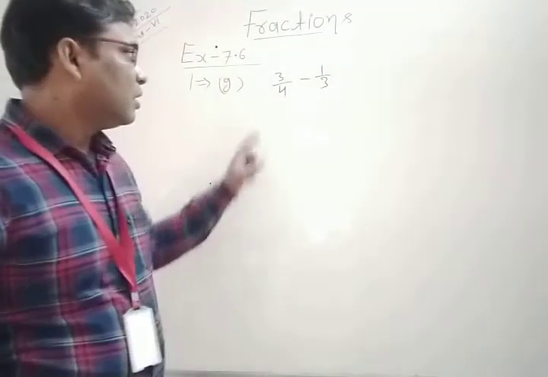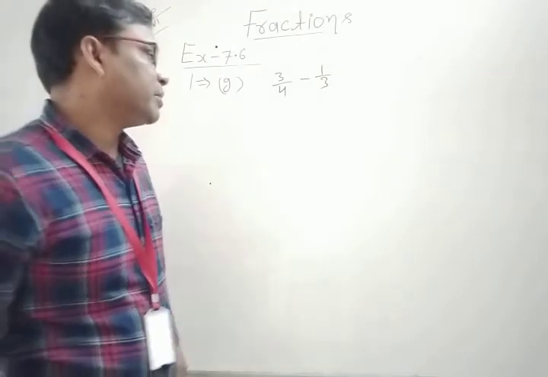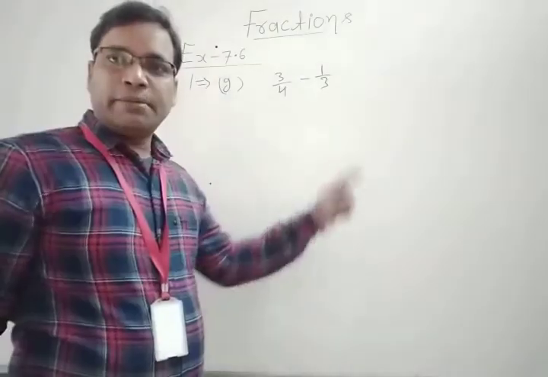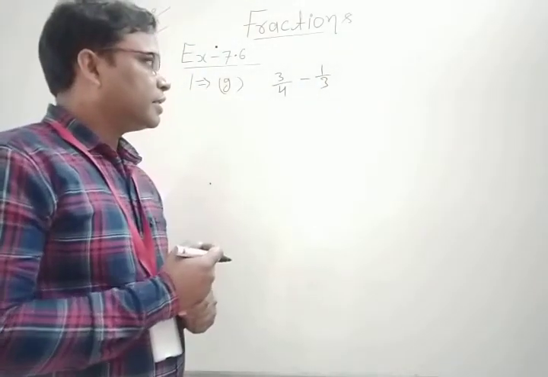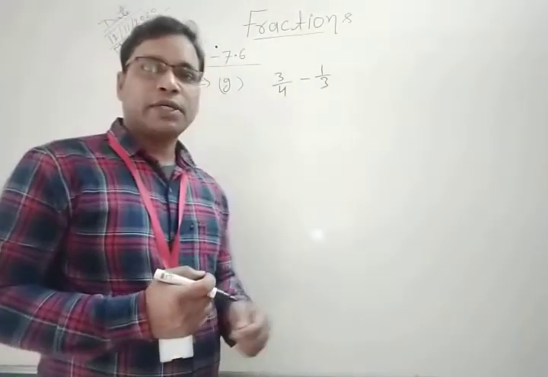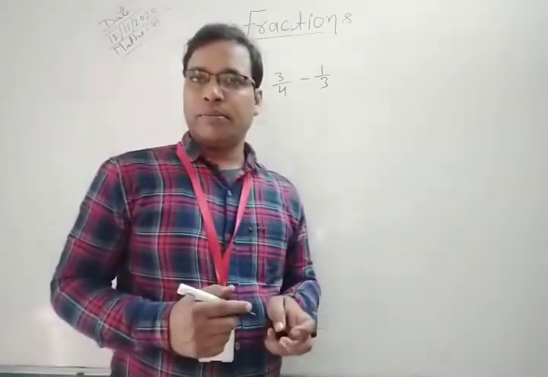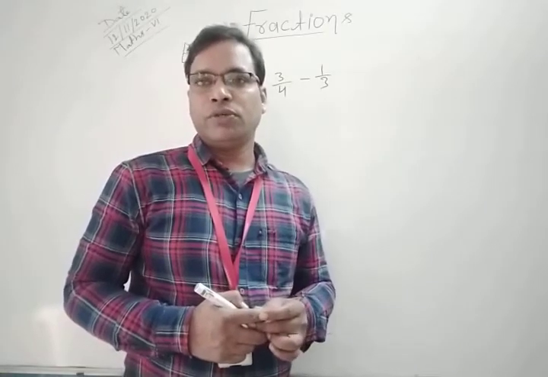So first you find the LCM of 3 and 4, because the denominator of the first fraction is 4 and the denominator of the second fraction is 3. You can see 4 is a composite number and 3 is a prime number. So what is a composite number and what is a prime number?